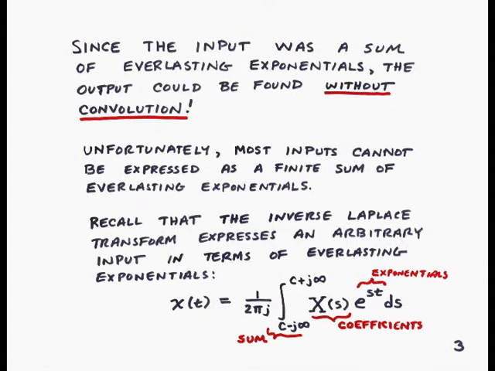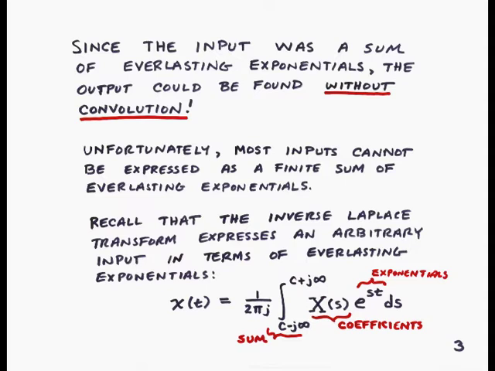So for this particular input, which was the sum of everlasting exponentials, we could find the output without convolution. We noted before that for a single everlasting exponential, we could find the output without convolution. We simply need to multiply by the particular transfer function. But now we find out that we can do this also for an input that's a sum of everlasting exponentials.